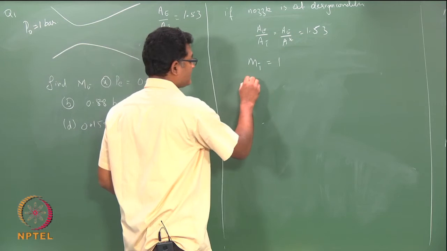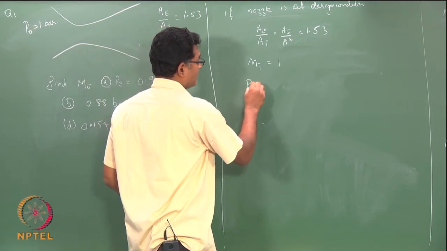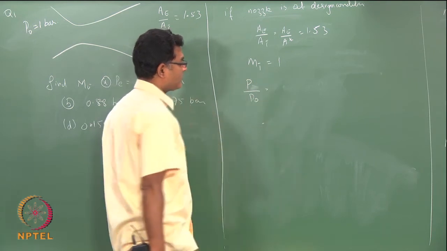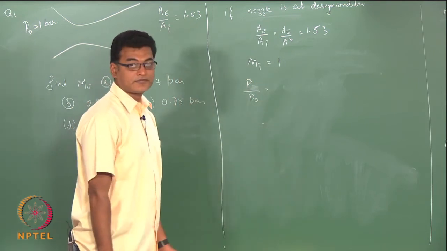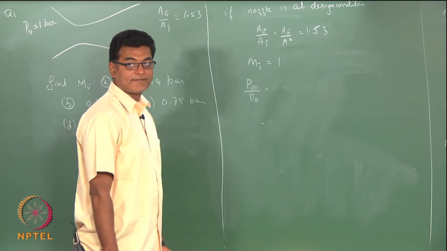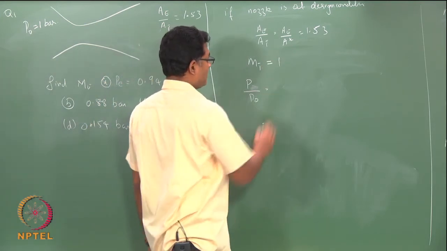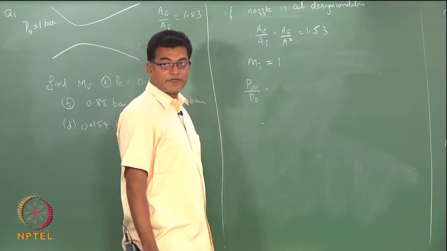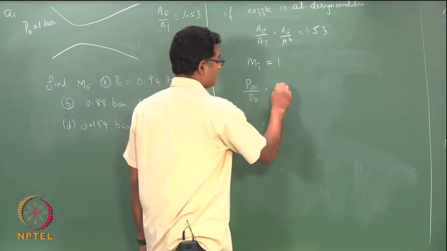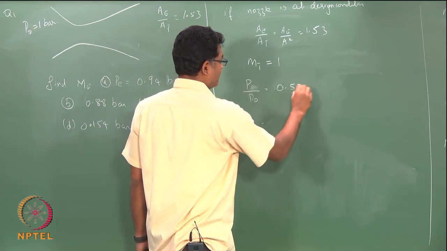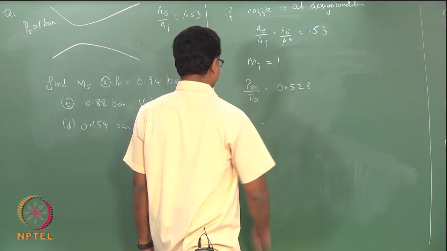If that is the case, then my P by P0 associated with Mach number 1 for gamma equals 1.4 is 0.528.